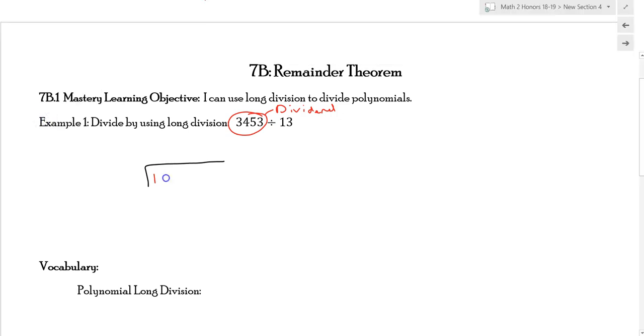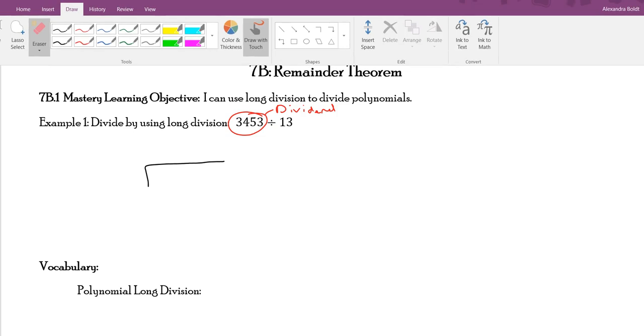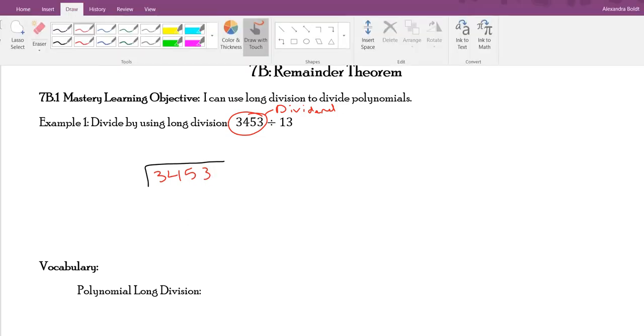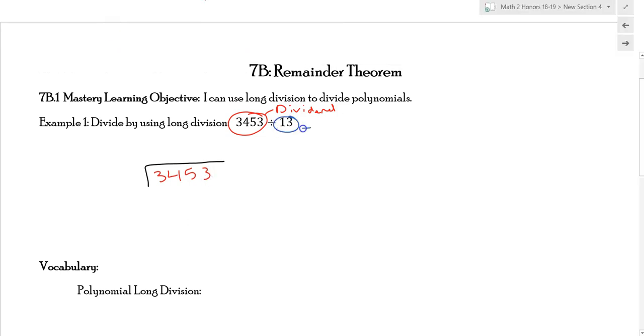I didn't mean to write dividend, I meant to write the number. And then this number is called the divisor. And that goes out here. And then whatever we get up here is called our quotient. And that's our answer.